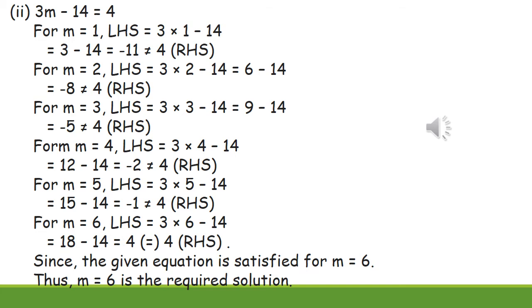Similarly, we keep on trying with different values of m as 4, 5 and 6. When we try with the value of 6, we are getting 3 into 6 minus 14, that is 18 minus 14 equal to 4, which matches with the value of RHS given in the question. So the solution for the given equation is m is equal to 6.